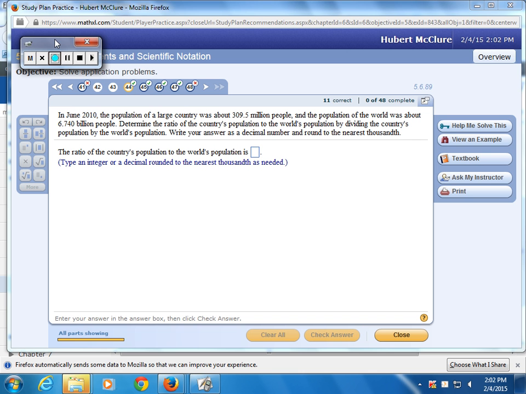Now in this problem they tell you what to do. So you shouldn't get this one wrong. They tell you to divide the small number by the what? Big number.